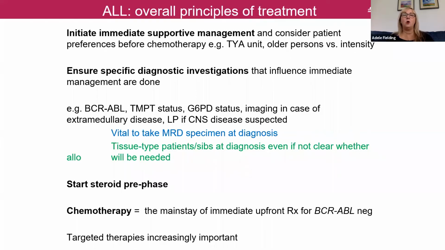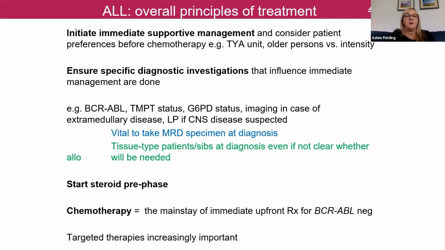And when you have very old individuals, perhaps in their 80s or 90s, it's important to have conversations with them about what they really want out of their treatment, and to consider all those preferences before you start any therapy.